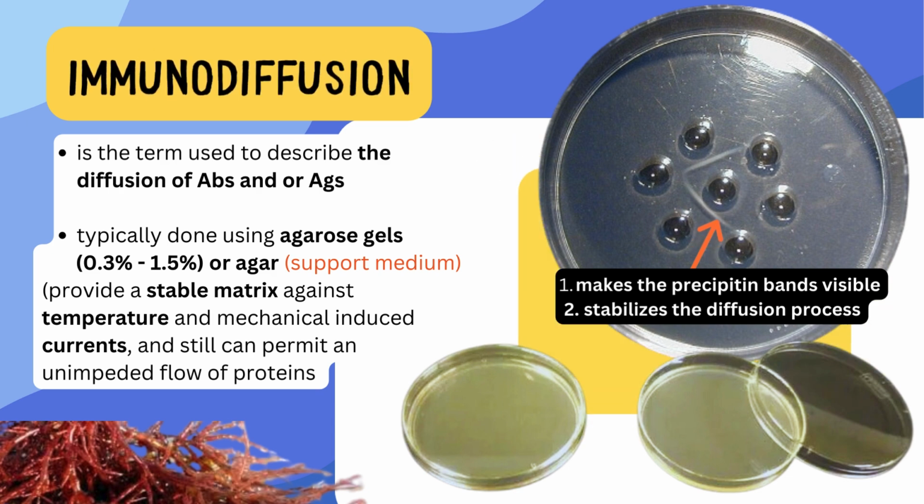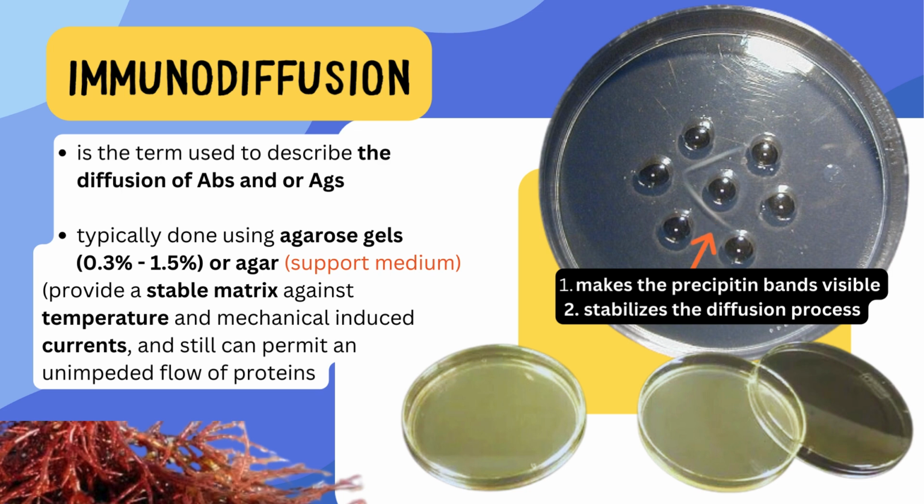So here, immunodiffusion. There is diffusion based on antigen-antibody interaction. It is the term used to describe the diffusion of antibodies and antigens. Usually, immunodiffusion is performed by utilizing agarose gels, specifically 0.3 to 1.5% agar.